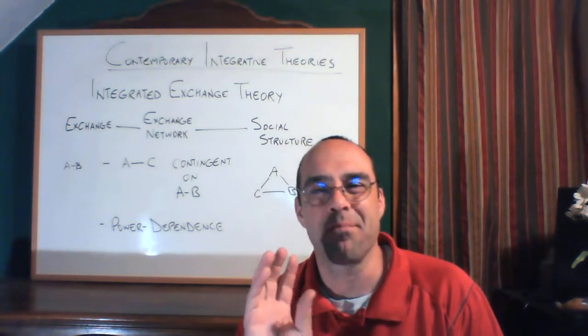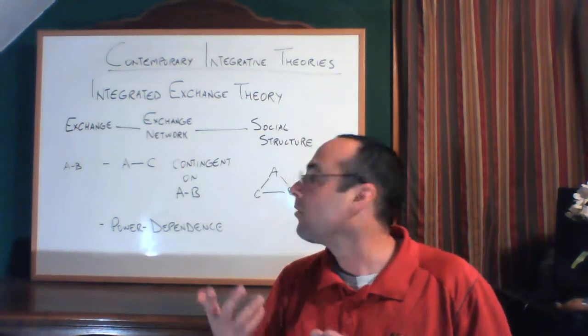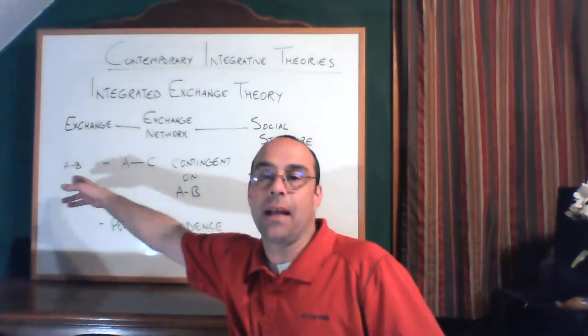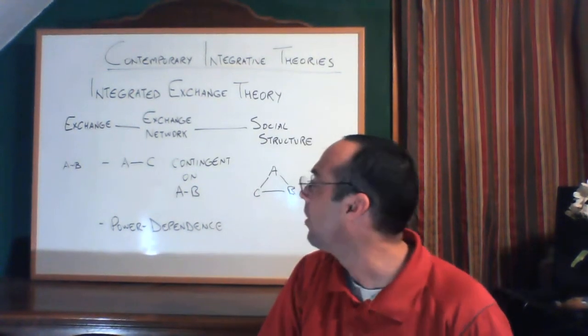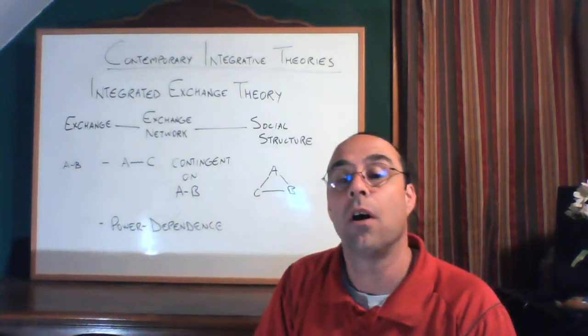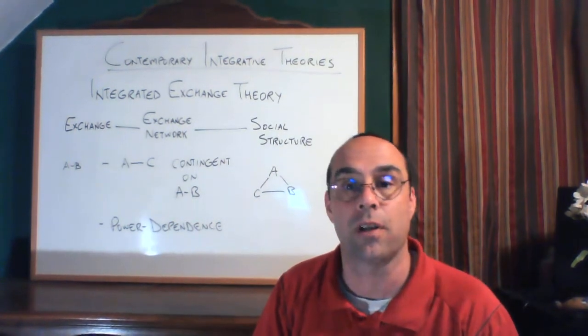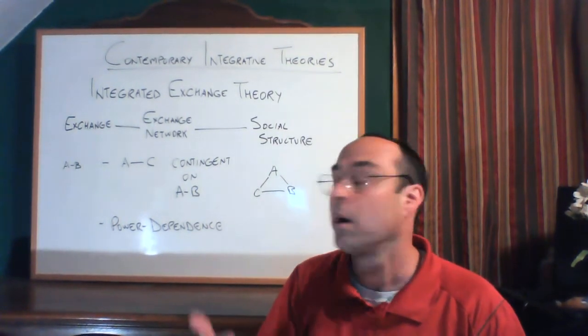That's a subtle idea, so let me demonstrate what it would mean. Let's say A and B are hanging out and having a good time, and they want to get C involved. So B is willing to drive A over to C's house. Now A and C can interact with each other, and boom, you've got a social exchange network.